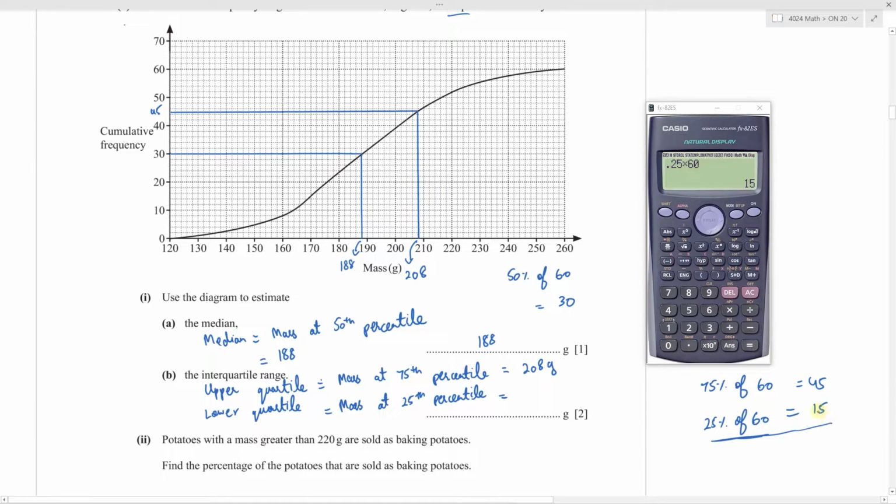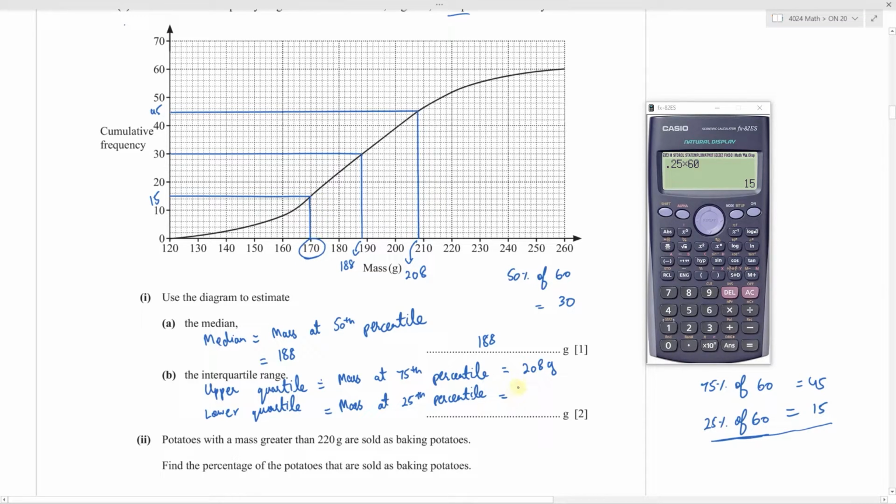Your lower quartile is at the 25th percentile, and we know that the 25th percentile is 15. So let's draw a line at 15. This is 10, 12, 14, and this will be 15 here. So this is at 15, and on the x-axis the mass is 170.